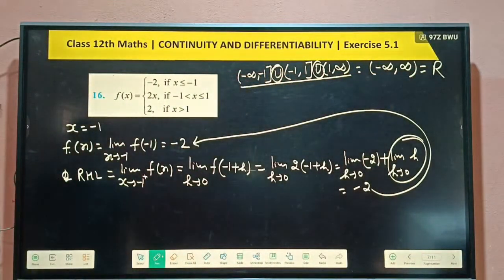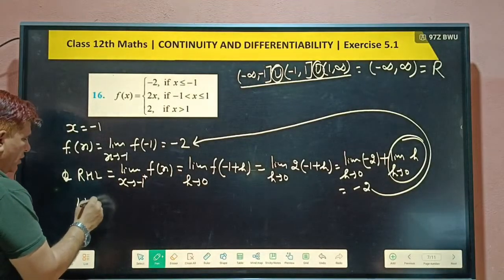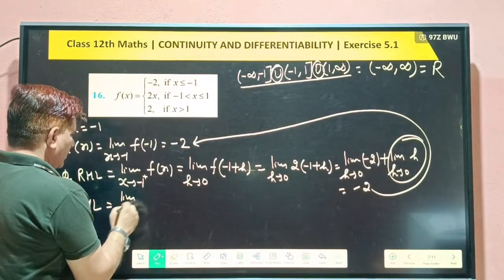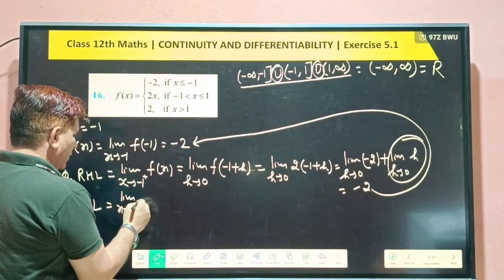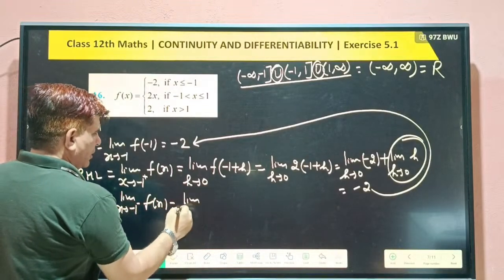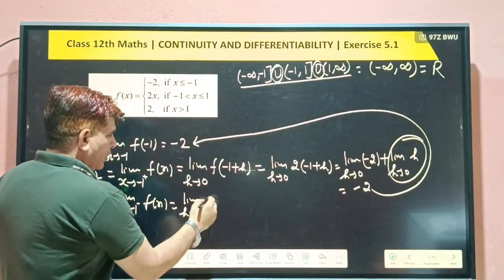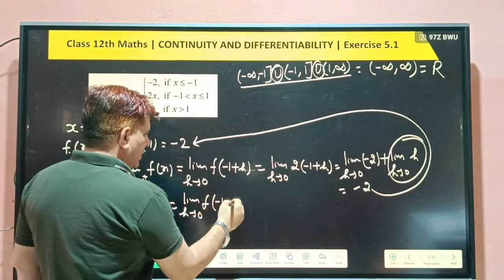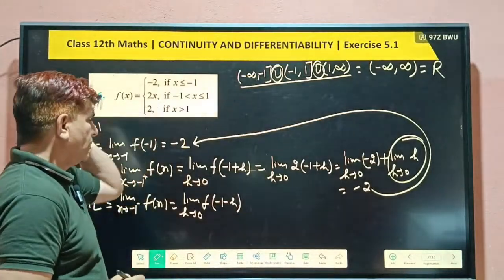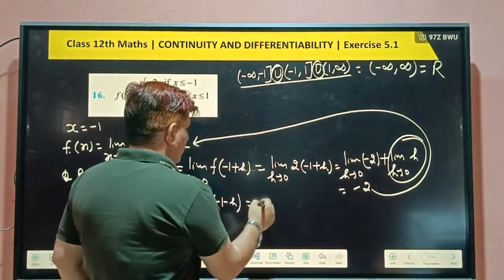Now find LHL also. LHL equals the limit as x tends to minus 1 negative of f of x, which equals the limit as h tends to 0 of f of minus 1 minus h. It means less than minus 1, so it is equal to minus 2.